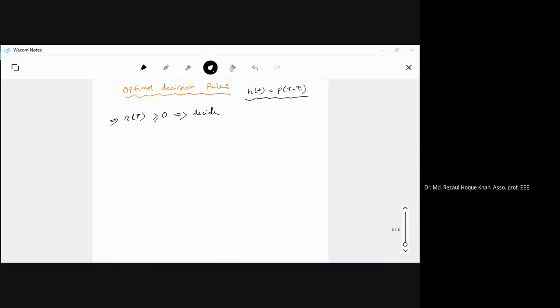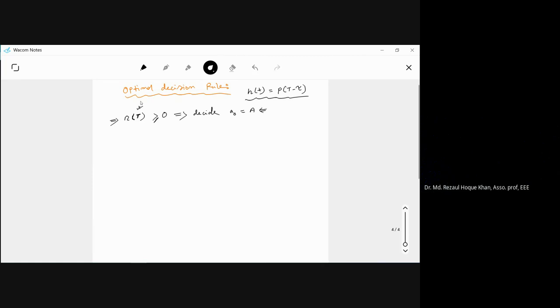So for the optimal decision rule, here T is the sampling interval. The r(T) signal we receive will decide what? Decide a0 equal to a, isn't it? If r(T) is greater than or equal to 0, we decide that a0 is a.